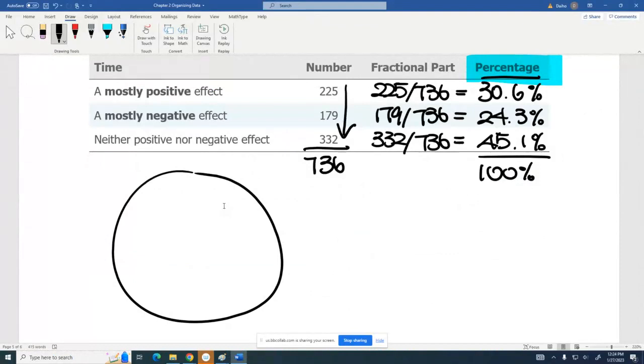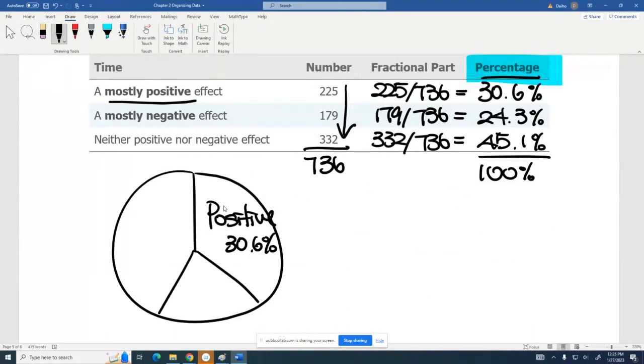Okay, now with the percentages, the relative frequencies, let me make the pie circle. The first one is 30.6%. It's about here. It's mostly positive, which is 30.6%. And the last one, neither, is 45.1%. It's about here.